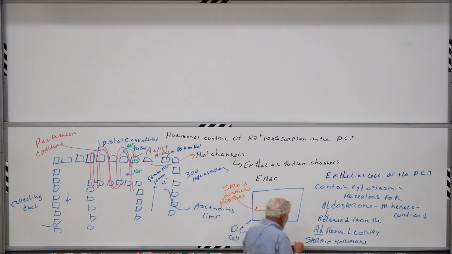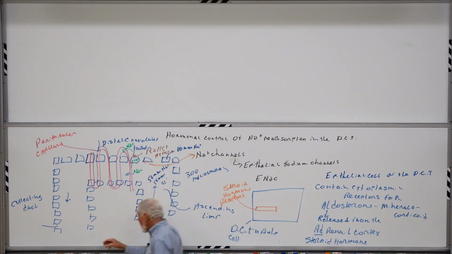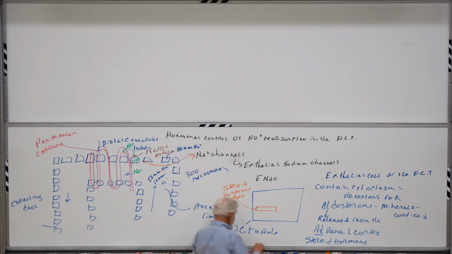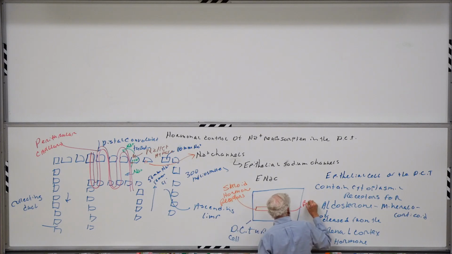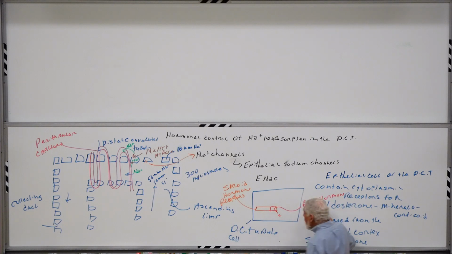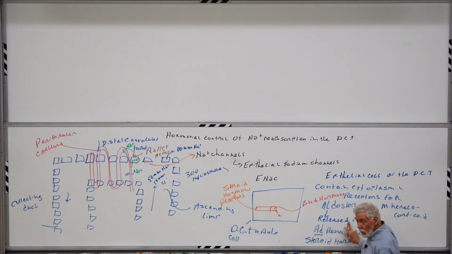We won't go through all the details here, but recognize that out here near the C terminus, we bind hormone. In this case, this hormone receptor is specific for the hormone aldosterone.